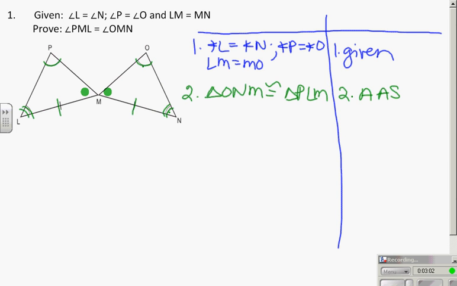Remember that congruent statement has to line up. Once I have those 3 pieces named, I bought 2 angles and I bought a side, I get the other 2 sides and the other angle for free, CPCTC. So I can say angle PML is equal to angle OMN by CPCTC.